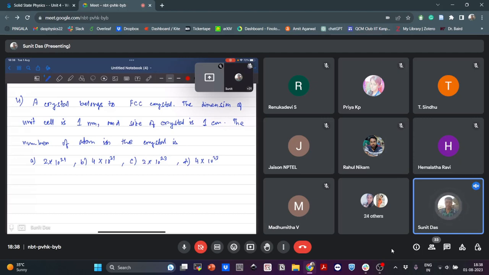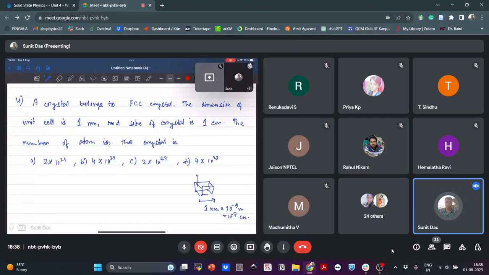Okay, so let me solve it. So what we have, the dimension of unit cell is 1 nanometer, 10 to the power minus 9 meter, or 10 to the power minus 7 centimeter.